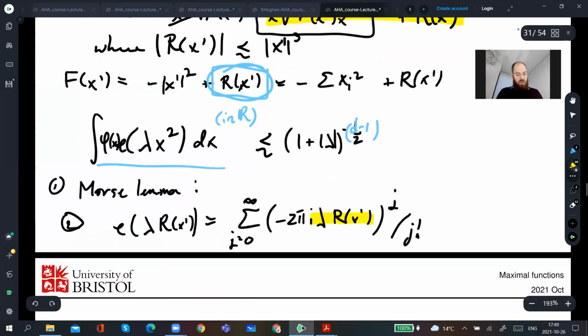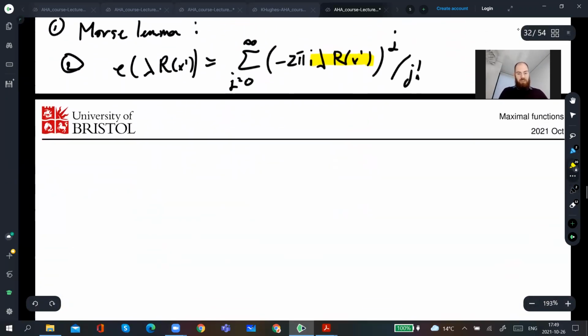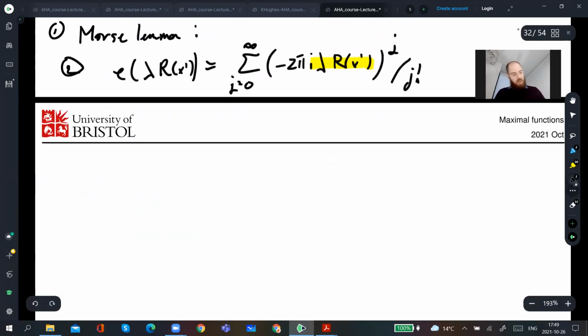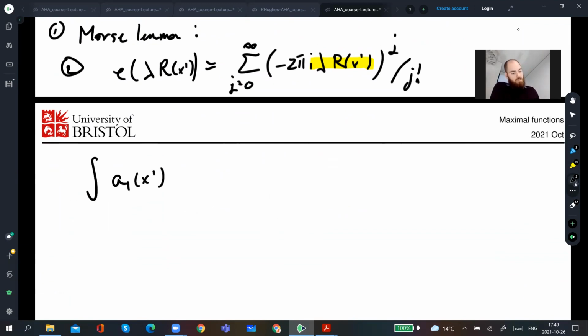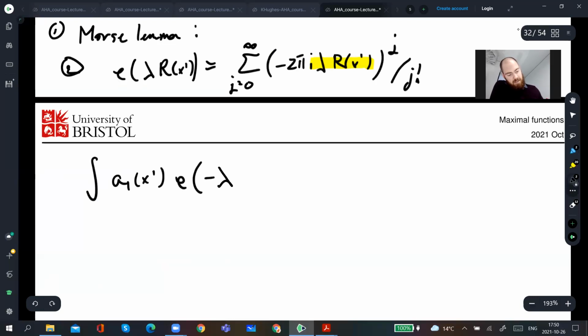We're going to be left with having to consider integrals of the form: some a1 of x prime, which is my smooth partition of unity on this cap, and then e of minus lambda times x prime squared, coming from the fact that the Hessian was minus the identity in d minus 1 dimensions.